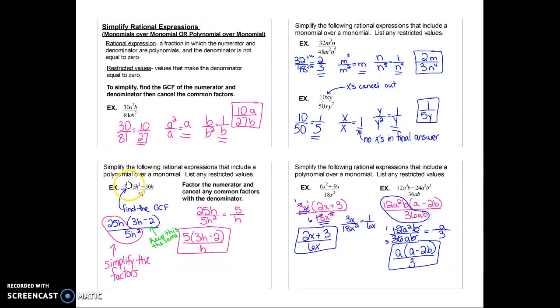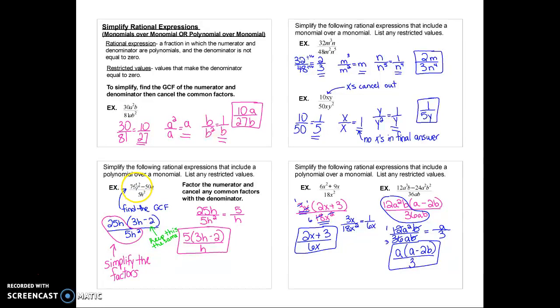So if I factor that numerator, my GCF between 75 and 50, the largest number that divides evenly into both of them, is 25. Then if you look at your variables, we have an h that's common to both, so that's going to be part of my GCF, and the smallest that I originally had was an h to the first power. So my GCF is just a 25h. Then remember, when we're factoring out the GCF, we have to divide that by each of the initial terms.